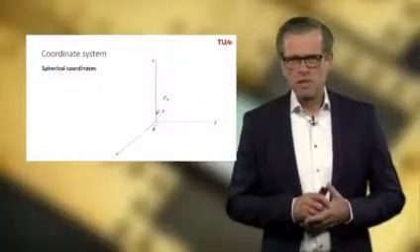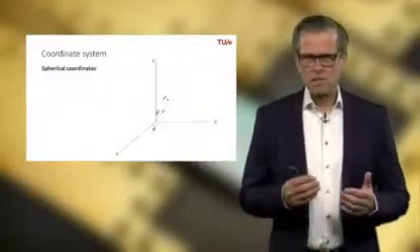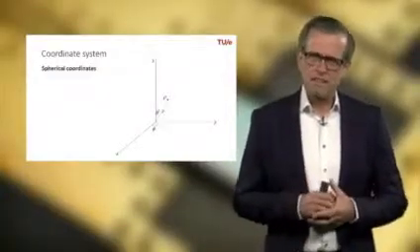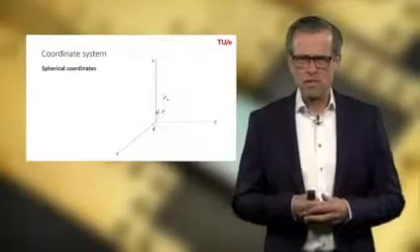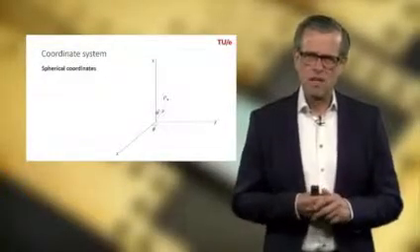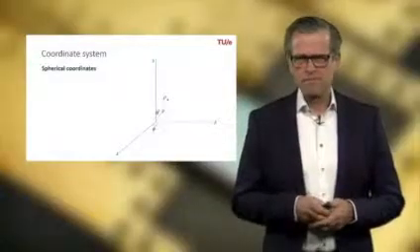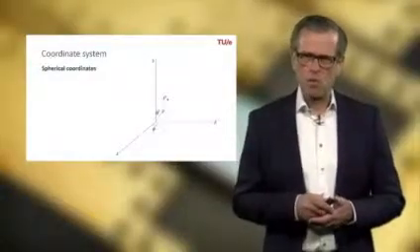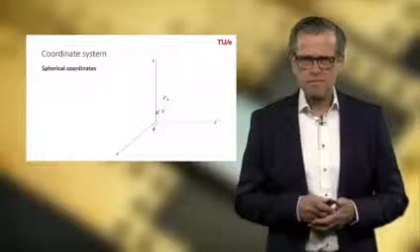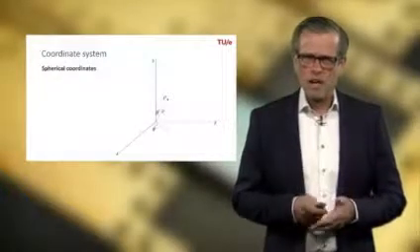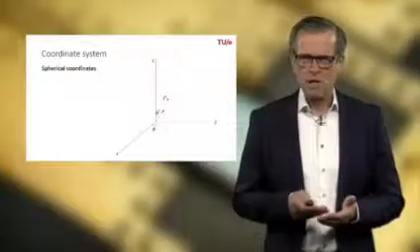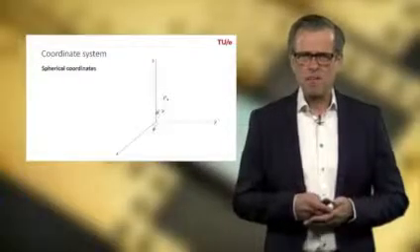Now let's go back to the starting point, the theory, and we're going to introduce the theoretical framework for antennas, and of course we have to use a coordinate system to do that. Now we're going to use spherical coordinates as shown here. So in this XYZ coordinate system we have spherical coordinates indicated by r, theta and phi.